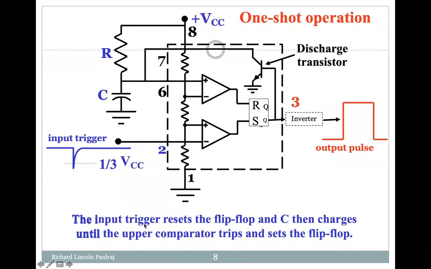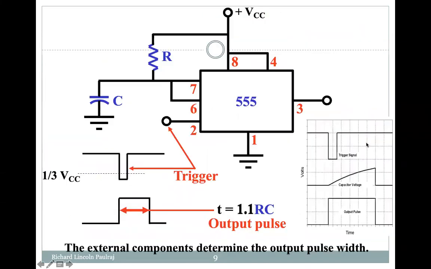So the input trigger resets the flip-flop. Whenever we have the trigger given here through the terminal, it will set, meaning Q is going to be 1, and then C charges until the comparator trips and sets the flip-flop. So it will automatically charge the capacitor, and we are going to have an output pulse.